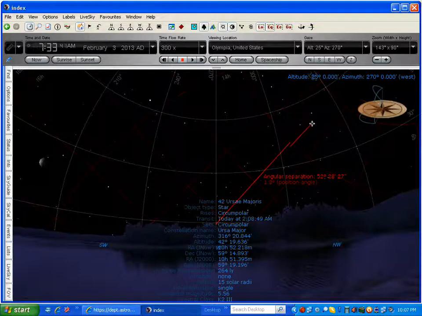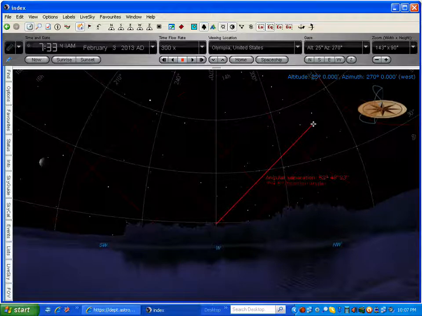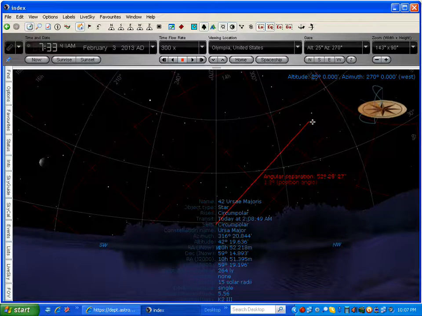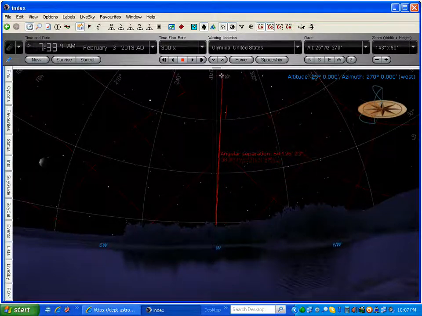Okay, so anyway, there you go. We'll have the position line they were pointing towards. We're off by about a degree, but this line here is pointing towards north, the north celestial pole. And this line here is not.